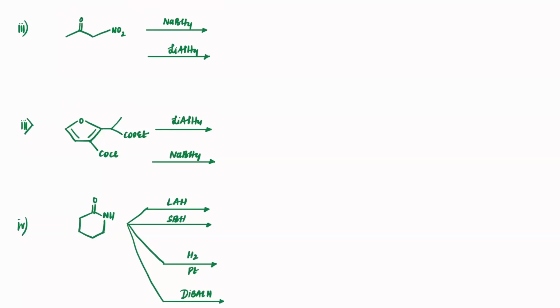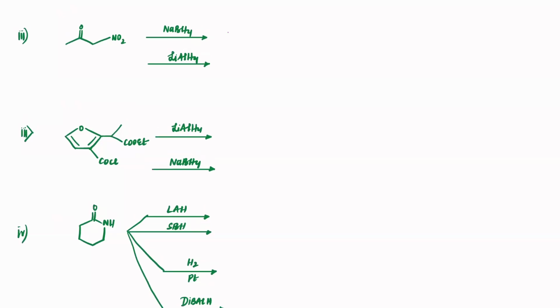So first thing you will notice is that NaBH4 will definitely help convert aldehydes and ketones into alcohols, but it does not interact with NO2, while lithium aluminum hydride even reduces NO2 to NH2. So that's the difference you need to identify between these two. Second, here this aromatic ring is not going to change, but here certainly you will get alcohols.